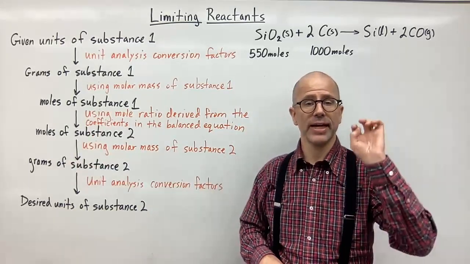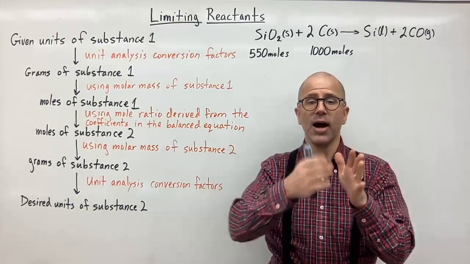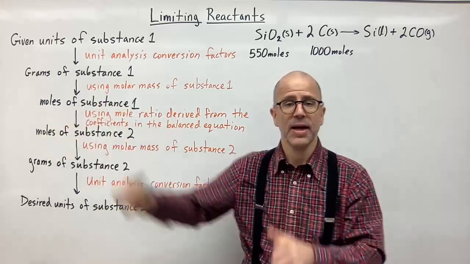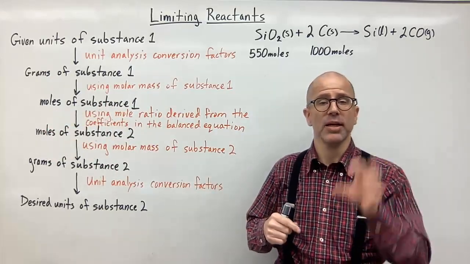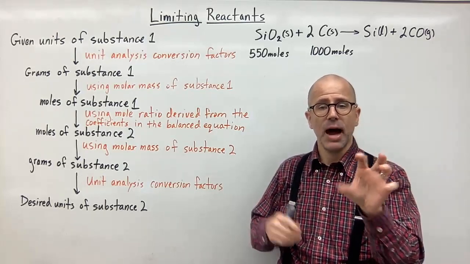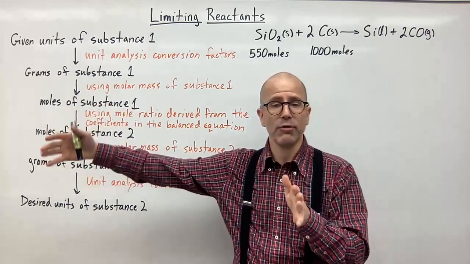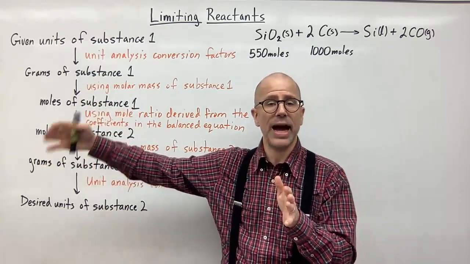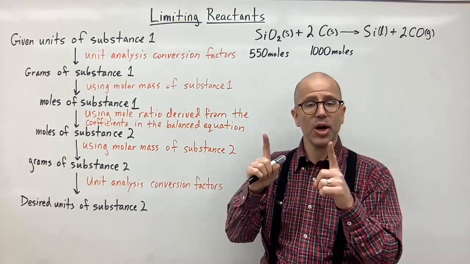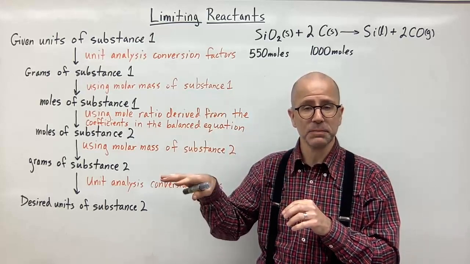So take the amount of reactant A, figure out how much product can be formed from reactant A. Then do the same thing with reactant B. If I'm given kilograms of reactant B, I'm going to convert that to kilograms or grams or whatever the unit is of product. And then I'm going to compare which reactant gives me the lesser amount of product.